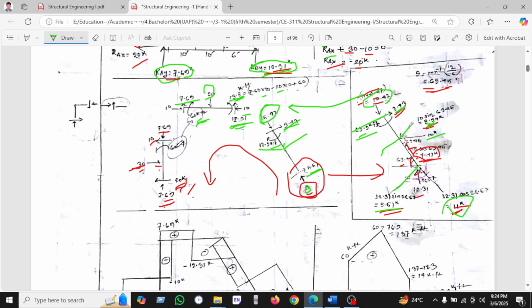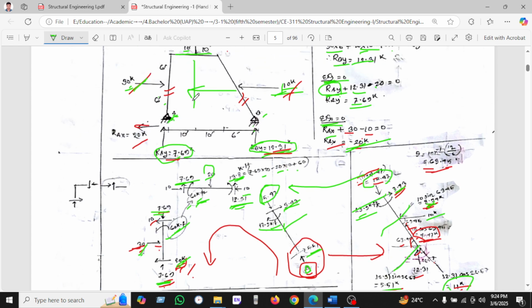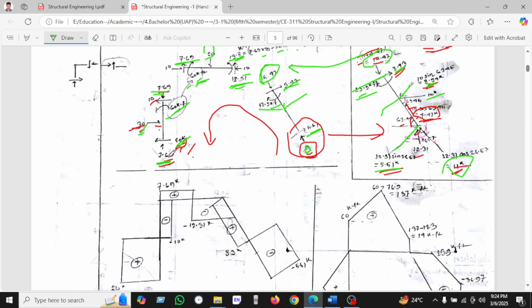So the 30 is countered also, this 60 will counter also 60. So this 7.69 also counters 7.69, and this counter is 7.69. So 7.69 is countering this here, and we have seen here the 30. So 30 is given, as we have found 20 is found here in the direction of right to left.